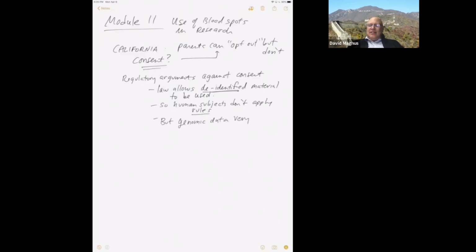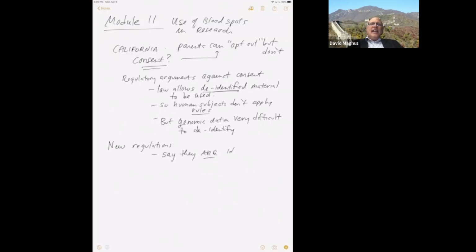And what that means is that the loophole, in a way, that people have been using to justify research without consent is getting harder and harder to maintain. And some of the new regulations governing research with blood spots explicitly say we should think of these things as identifiable. Therefore, that loophole goes away.